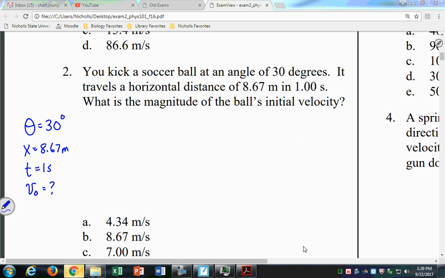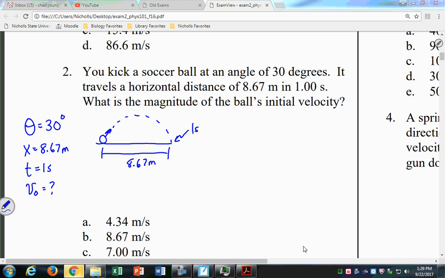All right, so this one's a little bit different from the ones that we've done. Let's draw a little picture just to remind us what's going on. This is 8.67 meters. And down here, at this point, this is 1 second. That's when T is equal to 1 second.